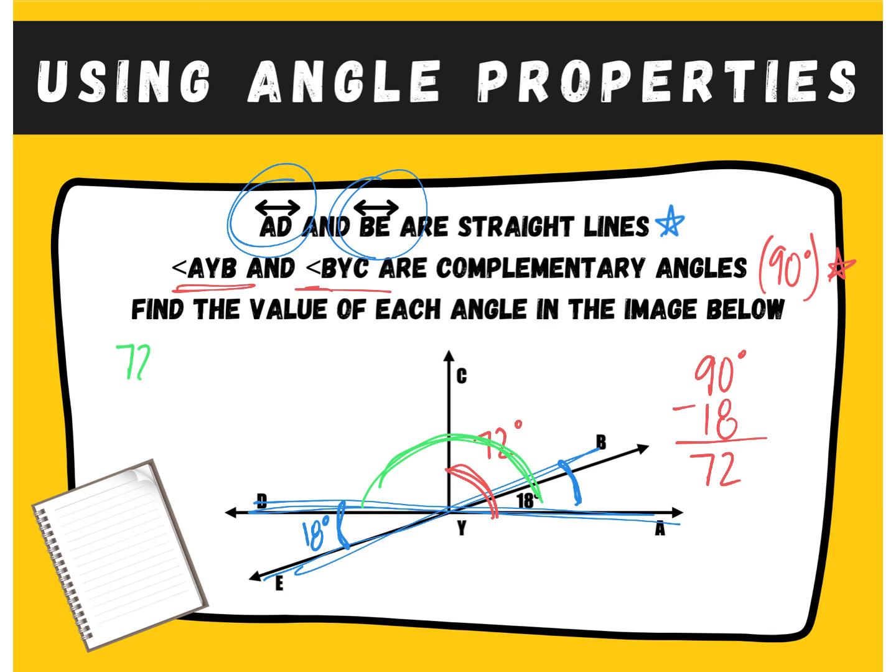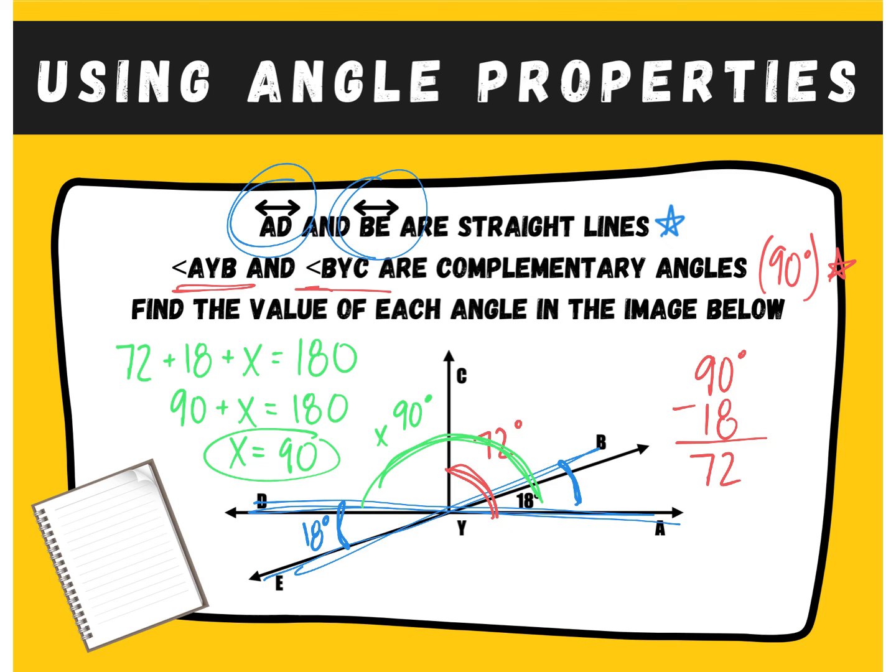Now, one of the angles is 72, one is 18, and the other one I'm going to call X. Those together need to equal 180 degrees. Well, I already know that 72 and 18 form complementary angles, so those equal 90. So I can solve this relatively easy and find out that X has to be equal to 90, making this a 90-degree angle.